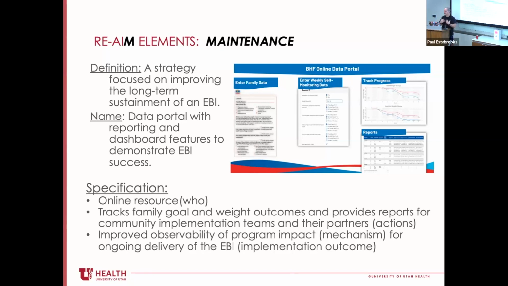They can share de-identified reports that provide observability of the effectiveness of their intervention with other groups important to their sustainment. It could be their funding groups, parents, or other people within their organization who are questioning the value or trying to set priorities within their work. Again, you can see that in the specification. I'm going to give a quick pause there and see if there are any questions at this point.